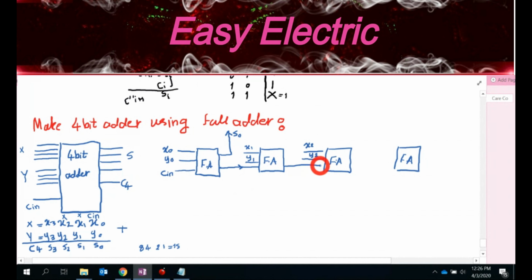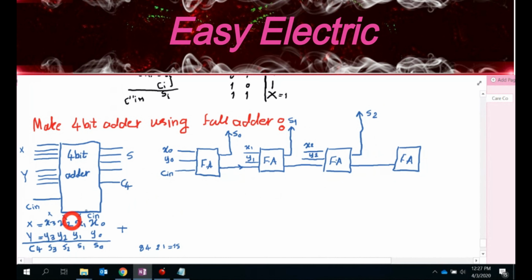And whatever you have here after you add x1 and y1 should definitely be the output, so it should be S1, okay? Similar with the others. So the output of this you call S2. And again, for the last one, the carry that comes from x2 plus y2 is here.